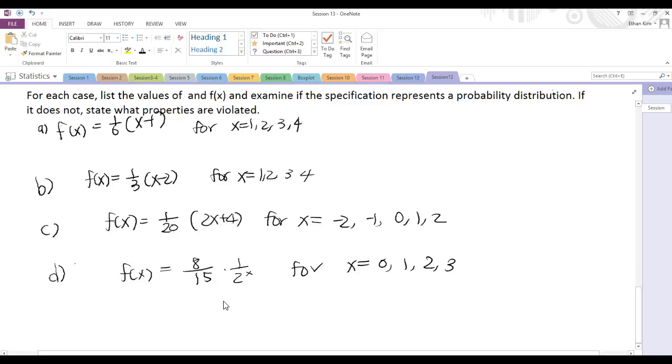For each case, list the values of f of x and examine if the specification represents a probability distribution function. If it does not, state what properties are violated. For A, B, C, and D, you're given a probability distribution function. You're supposed to analyze whether it makes sense, and if it doesn't, explain why. So pause the video and work on that, and once you're done, you can come back to it.